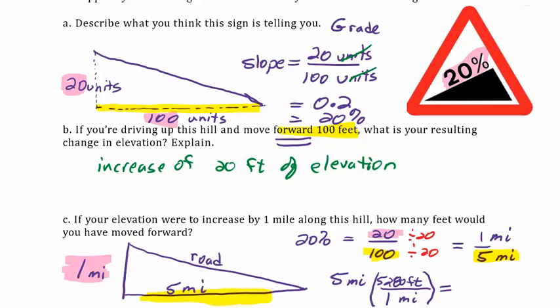And so we can cancel out those miles, reduce those. Miles divided by miles would be 1, and we'll take 5 times 5,280, and we'll have our answer. All right, looks like 26,400 feet would be your horizontal distance, or how far you moved forward in a directional sense. All right, well, we'll be talking about slope more in the next activities.